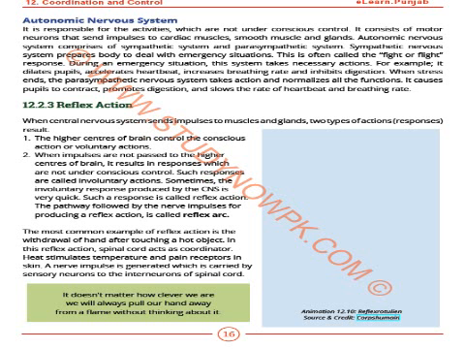Okay, this is what we have discussed again and again. Now the second point is the important point, where the impulses are not passed to the higher centers of the brain. It results in responses which are not under conscious control. These are known as involuntary actions. Sometimes the involuntary response which is produced by the CNS is very quick.